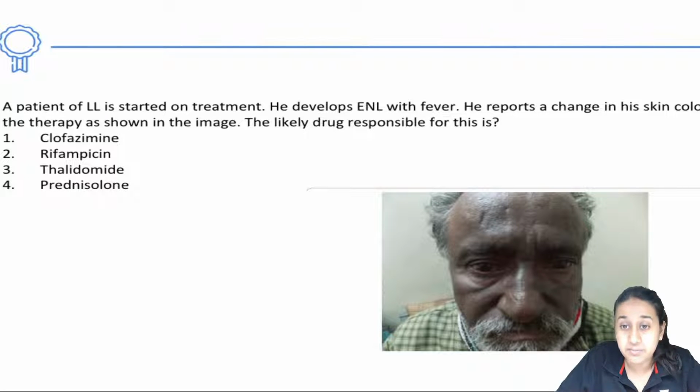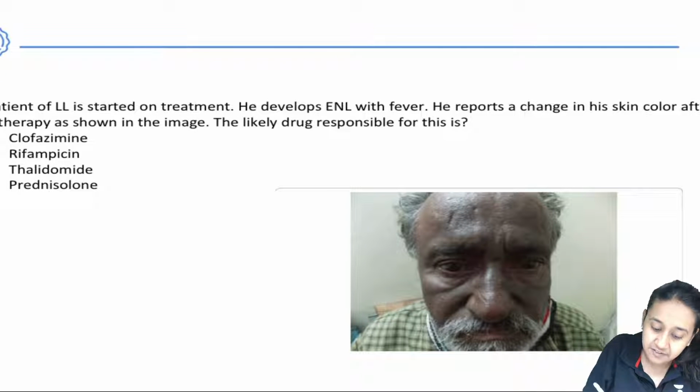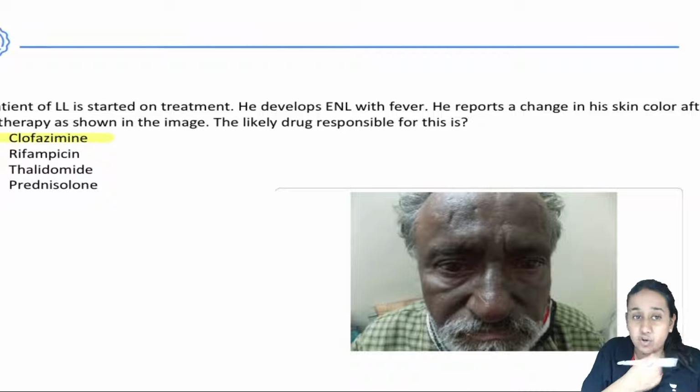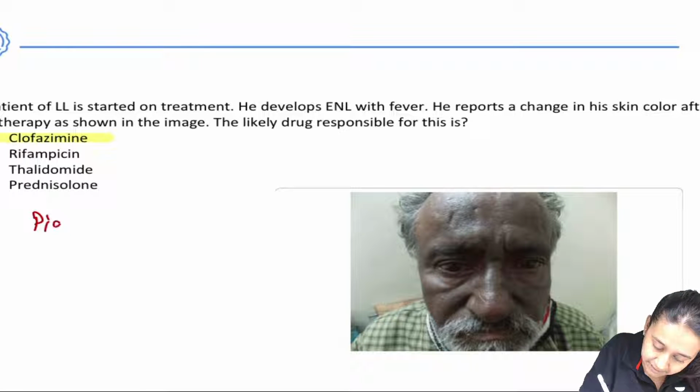Great, very nice. Please remember, you give a drug which is known as clofazimine in treatment of leprosy, and one of the very common side effects of clofazimine therapy is pigmentation. Can anybody tell me what are the other side effects which you can see in the patients who are treated with clofazimine? Pigmentation of the skin is the first and the most common.